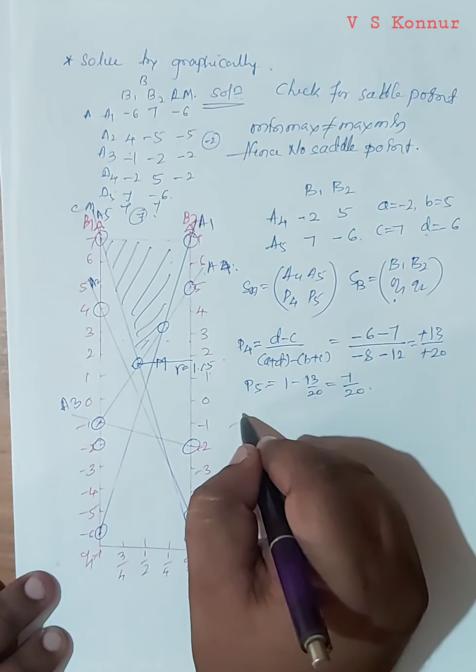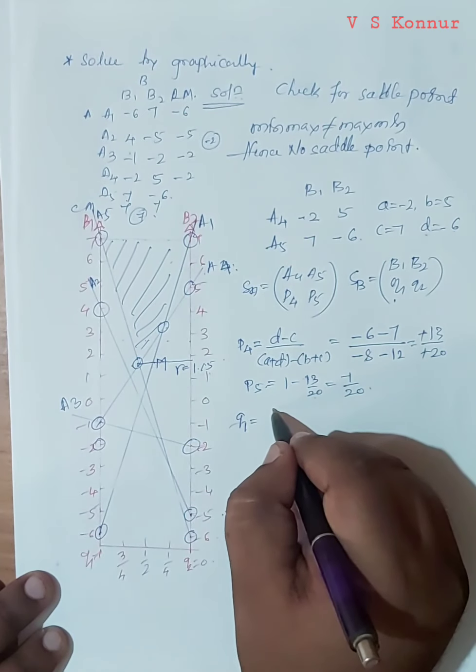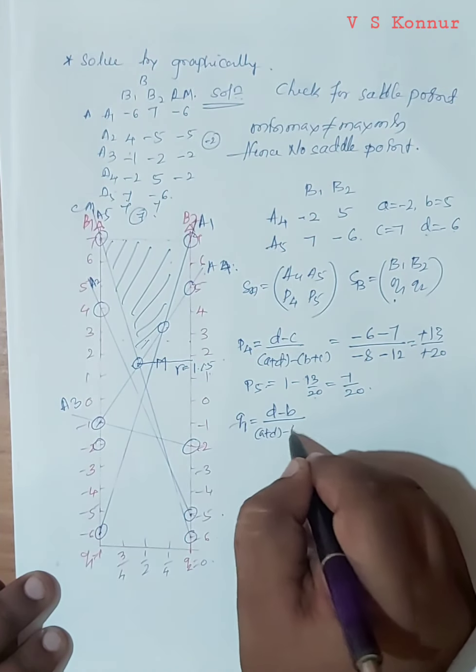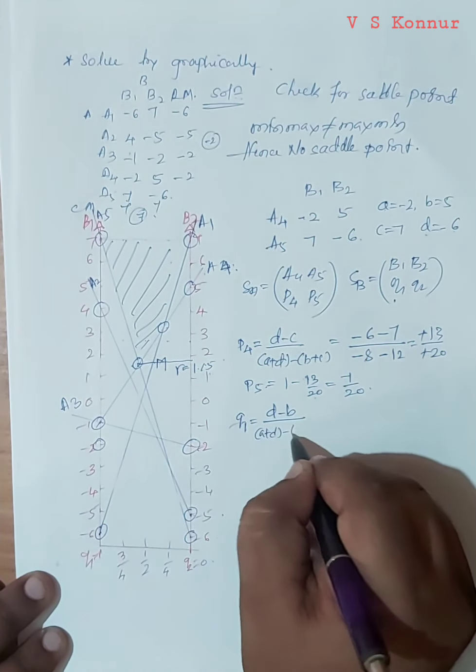Now we will go for Q1. D minus B divided by A plus D minus B plus C. This value remains same. Only D minus B changes. Minus 6 minus 5 divided by same, minus 8 minus 12, that is equal to minus 11 divided by minus 20. Again cancels each other, 11 by 20. Right. Now Q2 is equal to 1 minus 11 by 20. 20 minus 11 is 9 by 20.